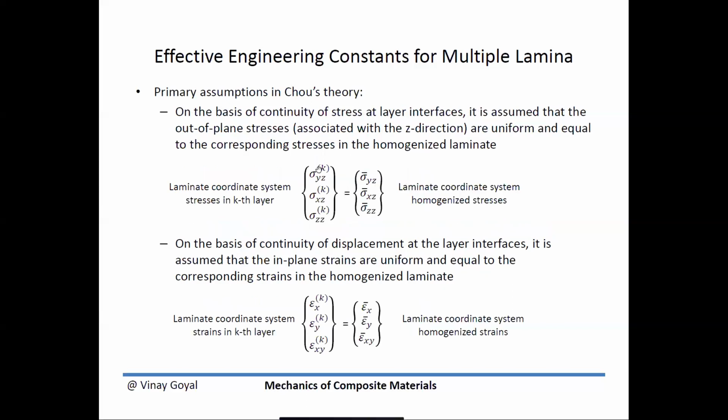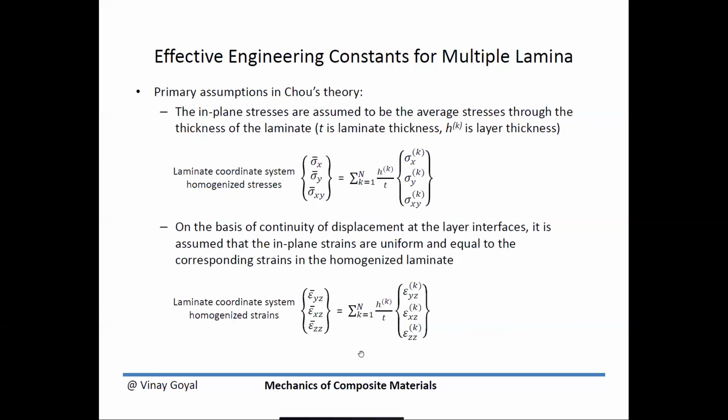For the through thickness stresses, we assume every ply has the same through thickness stress; for every ply, the in-plane strain is equal to a single homogenized strain set. For the homogenized stresses, that's the average of all the stresses in the in-plane direction. And the strain through the thickness is equal to the average strain from ply to ply.